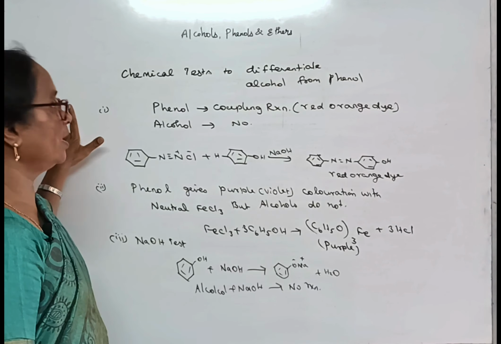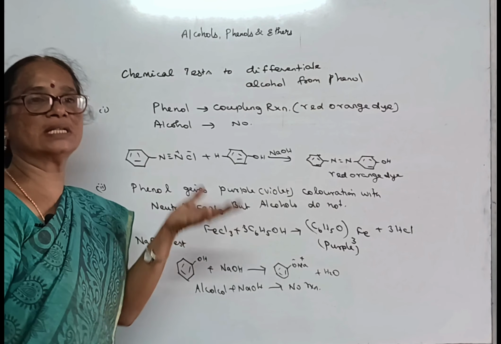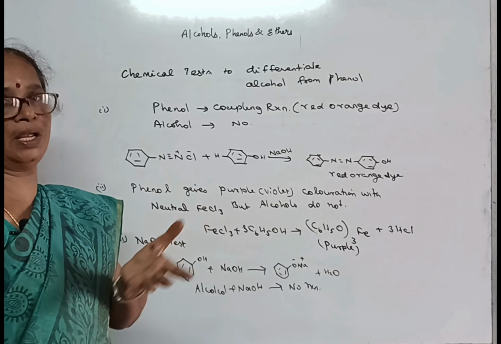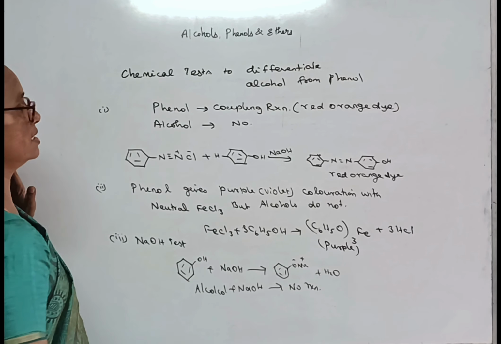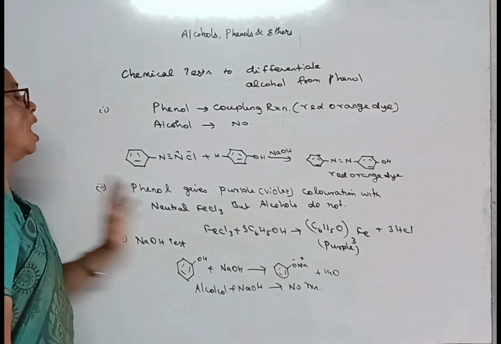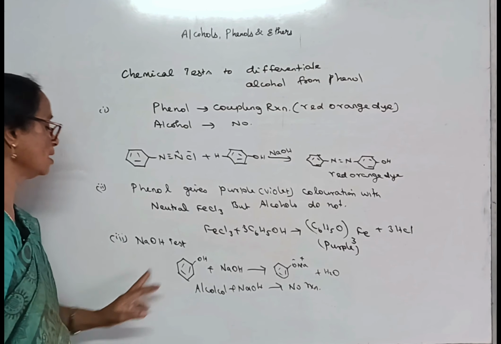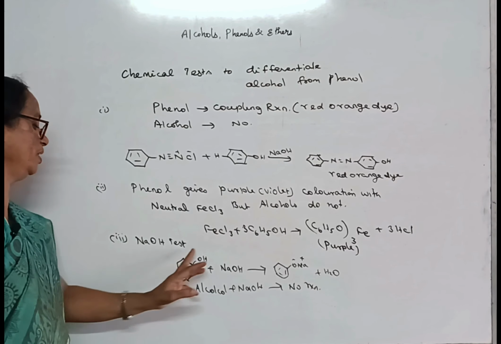If the compound given to you is alcohol or phenol, we have to identify by using a simple chemical test whether the given compound is from the alcohol family or the phenol family. To identify this, we can have a coupling reaction for phenol, or the treatment with neutral ferric chloride, or the sodium hydroxide test.